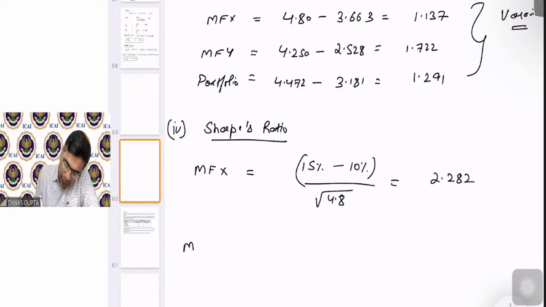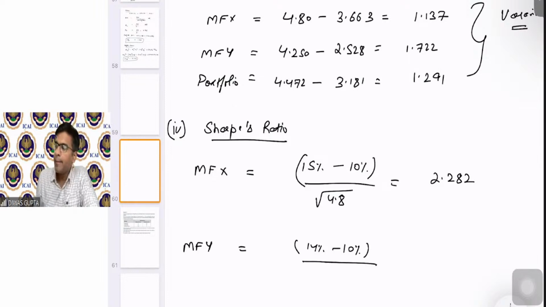Mutual fund Y, this is 14% minus 10% divided by square root of 4.250, which is actually 1.94.